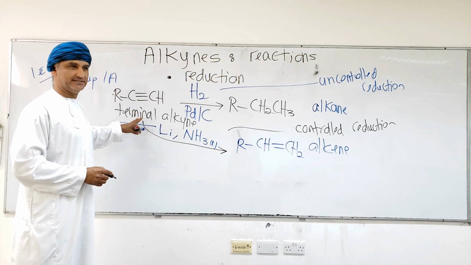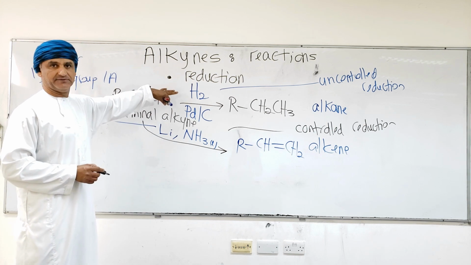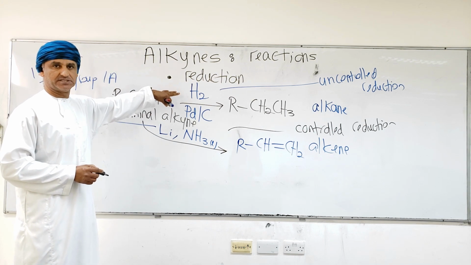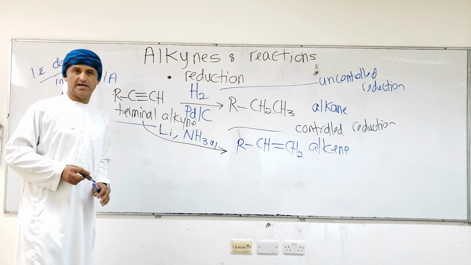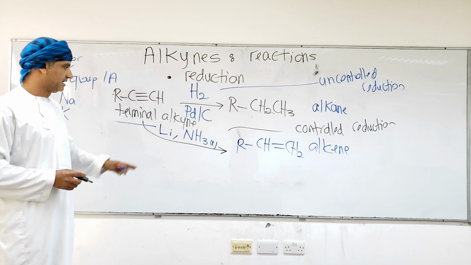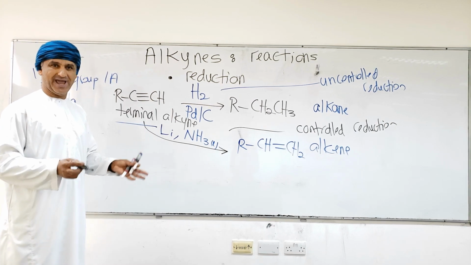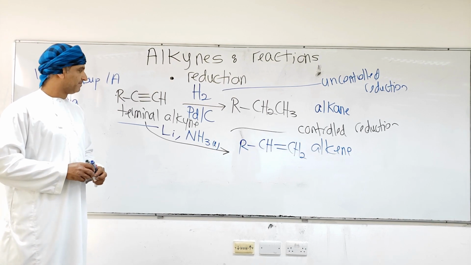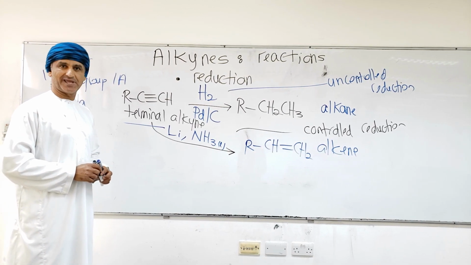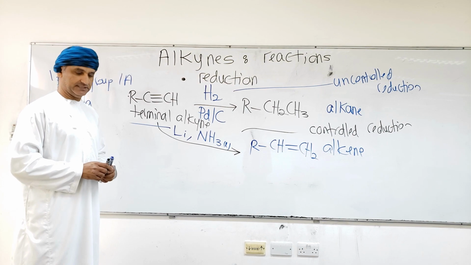from an alkyne. Yeah? Because the typical hydrogenation reaction conditions will take the alkyne all the way to the corresponding alkane. So this is one method or one way to stop the reduction reaction at the alkene stage.